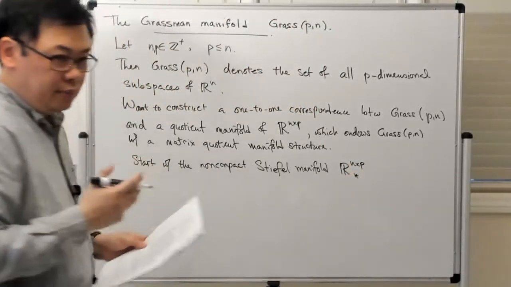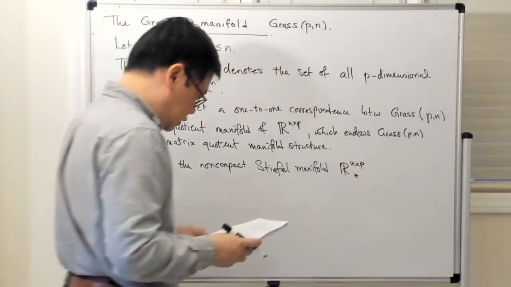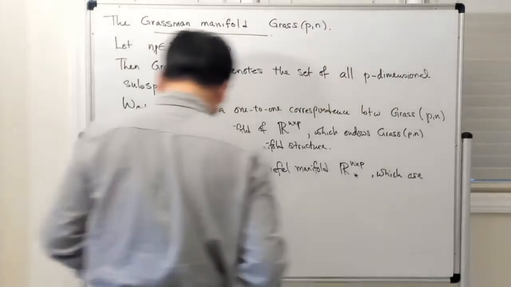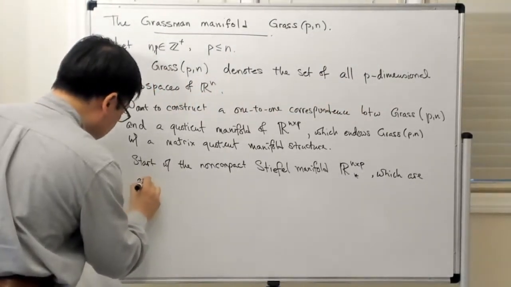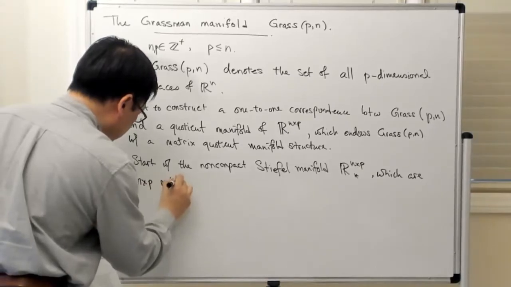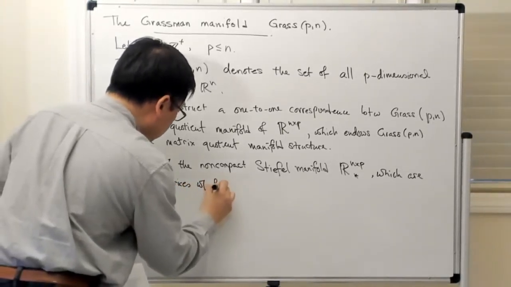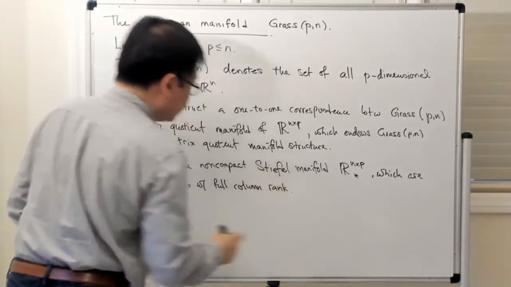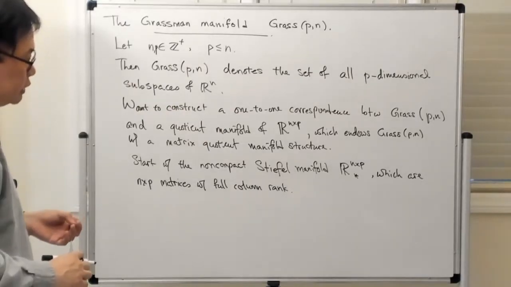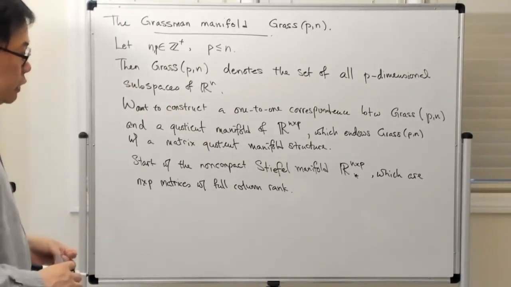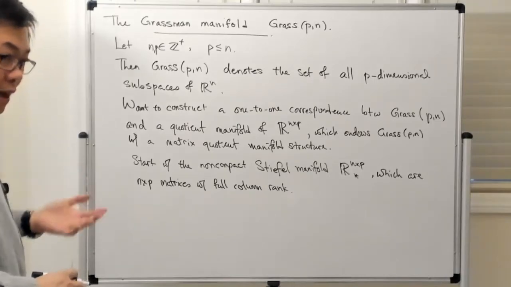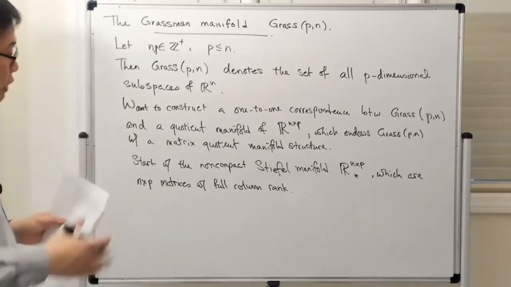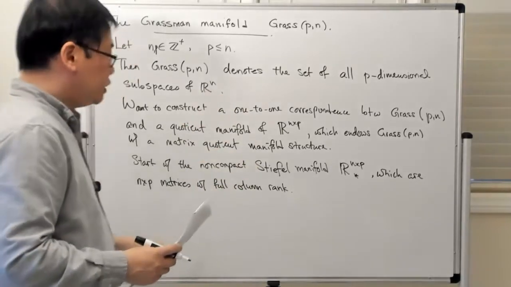This is just the set of n by p matrices which are of full rank, with full column rank. So as you might expect, the columns of these n by p matrices span a p-dimensional subspace in R^n. That's how these two things are going to be related to each other.